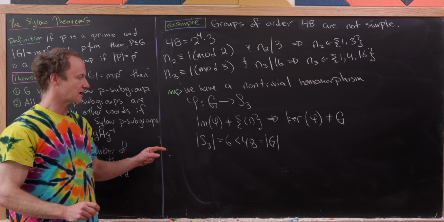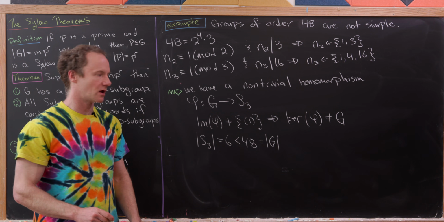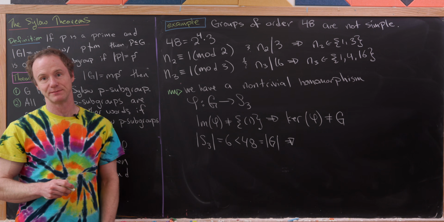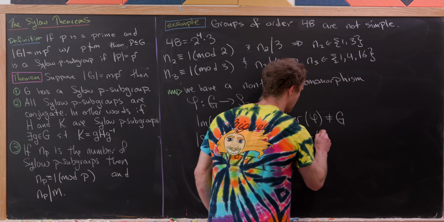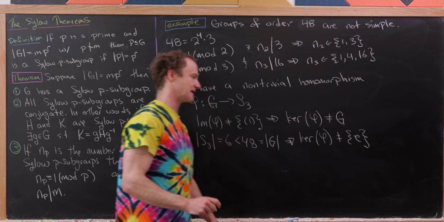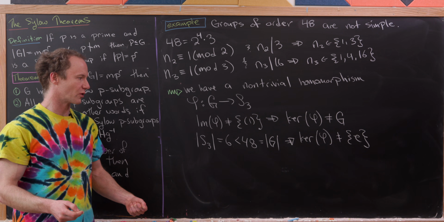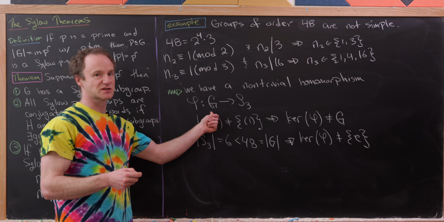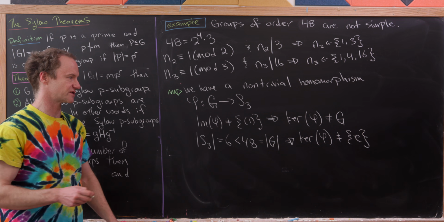But what does that mean? Well, if we've got a bigger group mapping into a smaller group, that means that our function cannot be injective. In other words, the kernel here is not equal to simply the identity. Because if it were equal to the identity, we would have an injective homomorphism, but that can only occur when we're mapping from something smaller or the same size to something larger or the same size, I guess I should say.